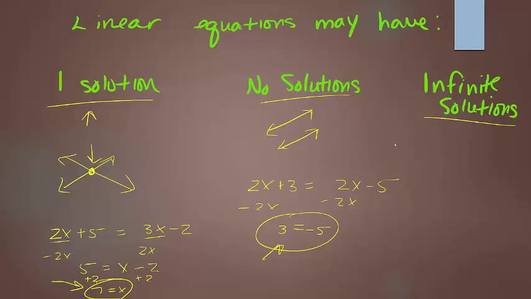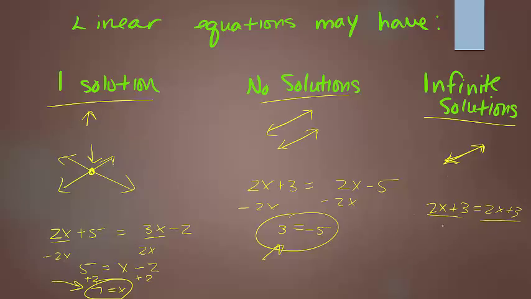An infinite solution situation is like placing one line right on top of another line. Where would they be equal to each other? For every single point, no matter what it is, because they are the exact same line. An equation that might fit this situation is 2x plus 3, 2x plus 3. Same exact thing on both sides.